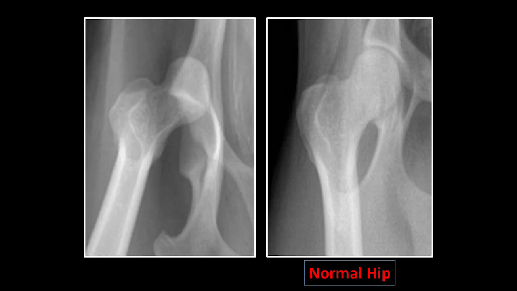Now you can see here a displaced or luxated hip joint, and the head of the femur is displaced craniodorsally in this case. So this is a clear example of dislocation or luxation of the joint.